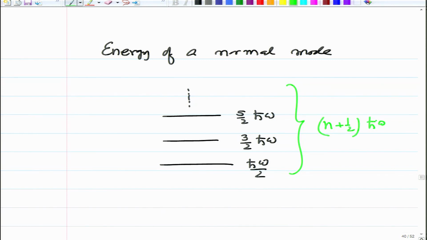So, it can take energy in quanta of h cross omega, and each of these quanta of energy is known as a phonon.